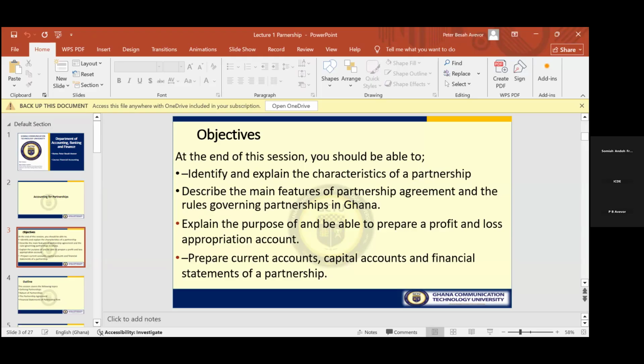You should be able to explain the purpose and be able to prepare a profit and loss appropriation account, and then be able to prepare current account, capital account, and financial statement of partnership.